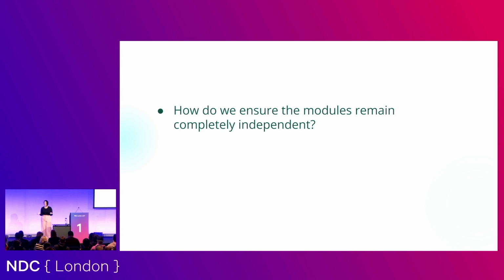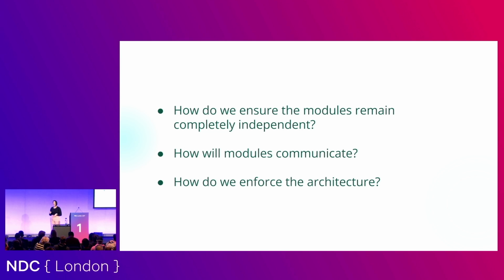How do we do that? How are all these modules going to communicate? Are we just going to have some kind of interface or service? How do they communicate now that we're trying to encapsulate them? And how do we enforce the architecture? We've come up with this whole new architecture. We need to keep it, and that takes discipline.